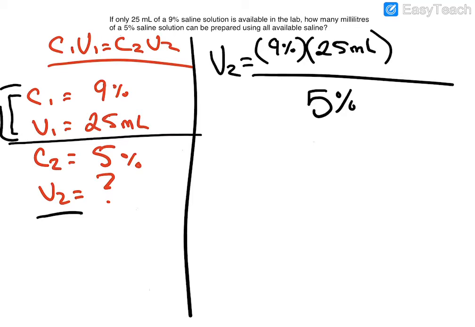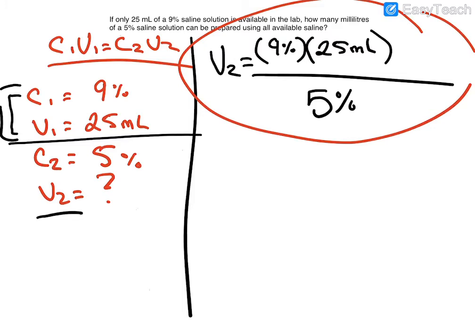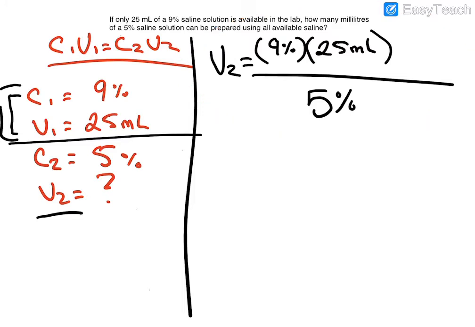Once you have your equation all set up nicely like this, it flows smoothly from there because all you have to do is enter it in your calculator. Remember, ignore the percent signs because they're both in percentage. You don't have to convert anything. So it's literally V2 equals 9 times 25, which equals 225.